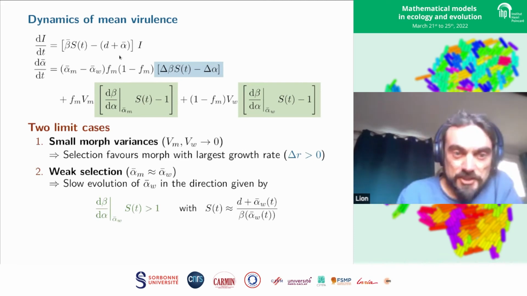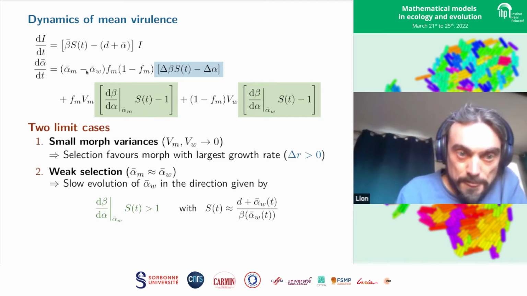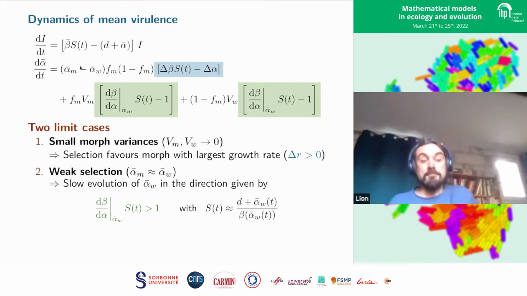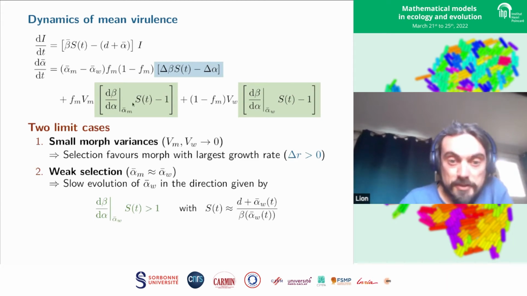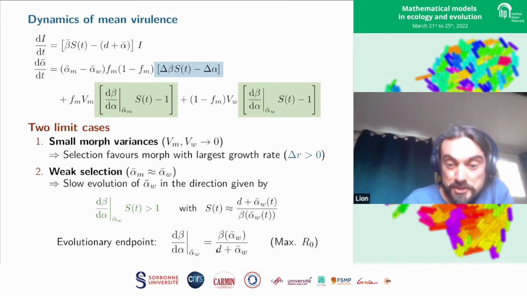Or we have weak selection, so these two morphs are close together, the peaks are overlapping, and then we are going to have a slow evolution of the trait, let's say alpha bar, in the direction given by these selection gradients, which can be approximately the same. And we end up with an evolutionary endpoint given by this equation. So we maximize R naught in that case.